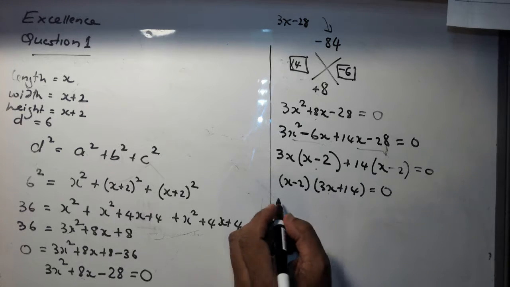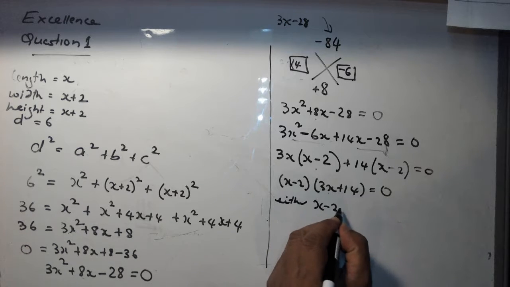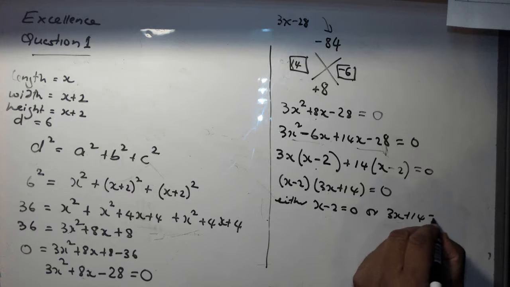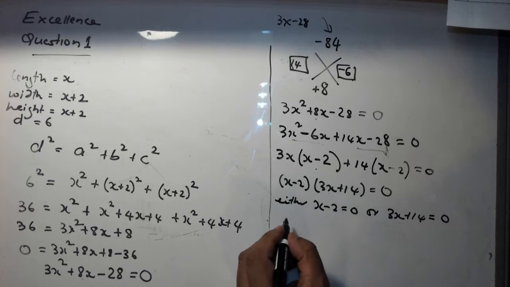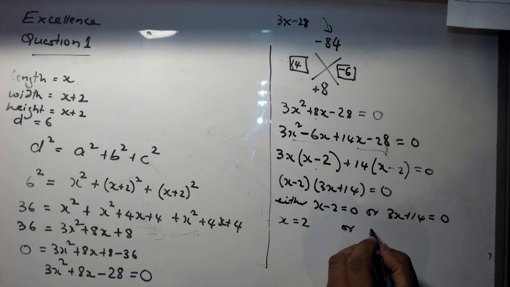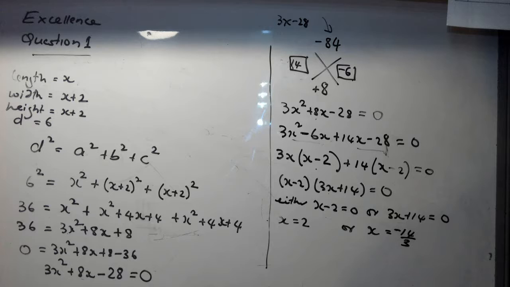Okay, so we can now say that either x minus 2 is equal to 0 or 3x plus 14 is equal to 0. So this gives me x is equal to 2, and over here this gives me x is equal to negative 14 divided by 3.